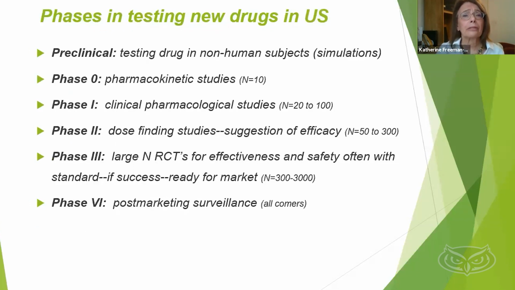I want to touch briefly on the phases of testing of new drugs in the United States, especially how this relates to the COVID epidemic. The scientists are now working in their labs looking for promising drugs. They don't involve human subjects. And then they might use a few subjects and look at pharmacokinetic properties of the drug.